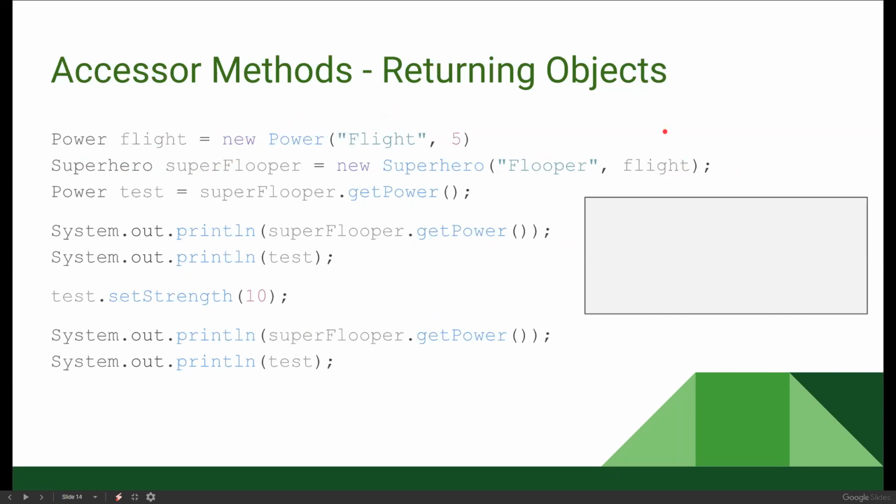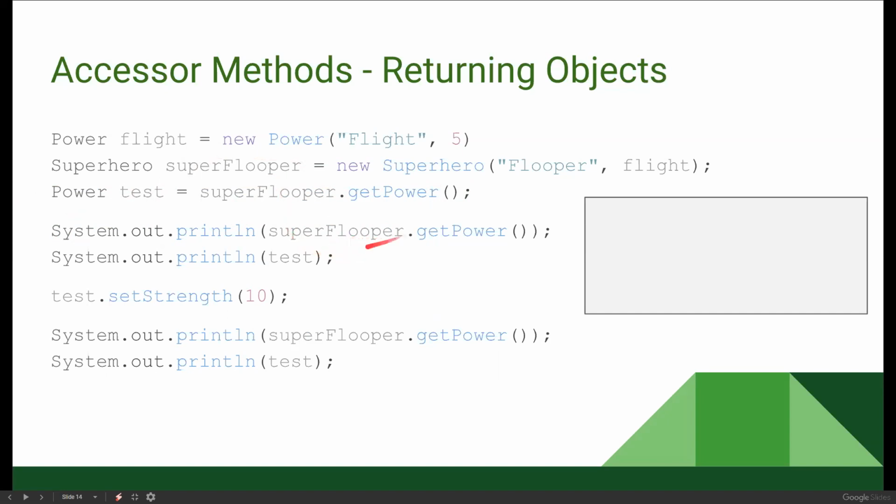If we remember back to day 1, we made sure that in our constructor, we made a new Power object so that flight and the superpower instance variable within my superhero are not the same as each other. However, if I call my getPower method, if I say powerTest equals superFlooper.getPower, then test and the superpower within superFlooper are going to be aliases of each other.